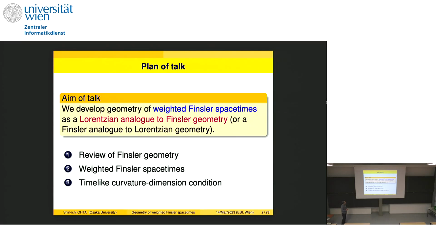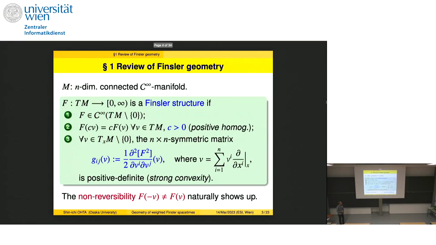Finally, I will very briefly explain the timelike curvature-dimension condition. Yesterday there were already many talks about it, so I just explain that in the framework of weighted Finsler spacetimes, we can also show the curvature-dimension condition from the appropriate Ricci curvature bound. Okay, so this is the plan.